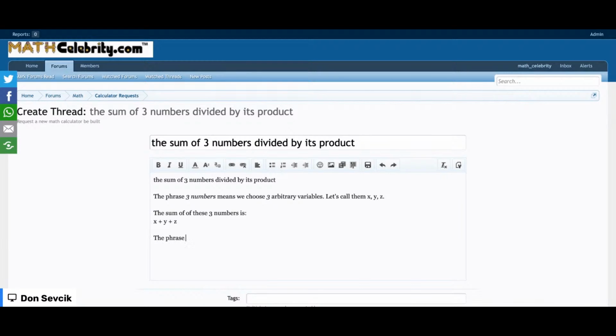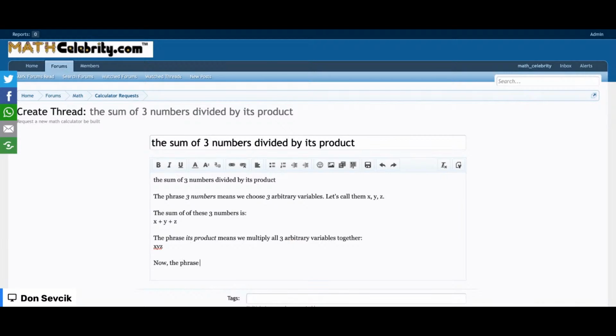It's the phrase its product, and we multiply all 3 arbitrary variables together. X, y, z. The sum is x plus y plus z. The product is x, y, z.